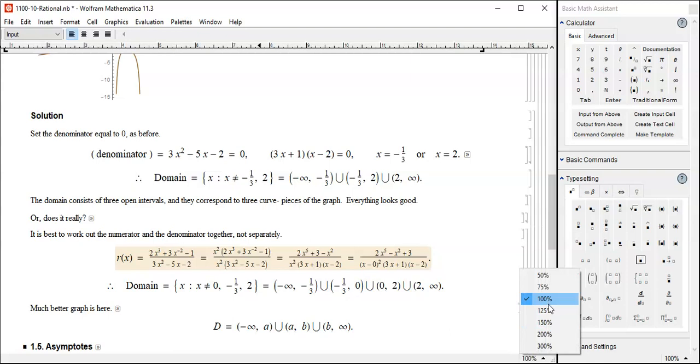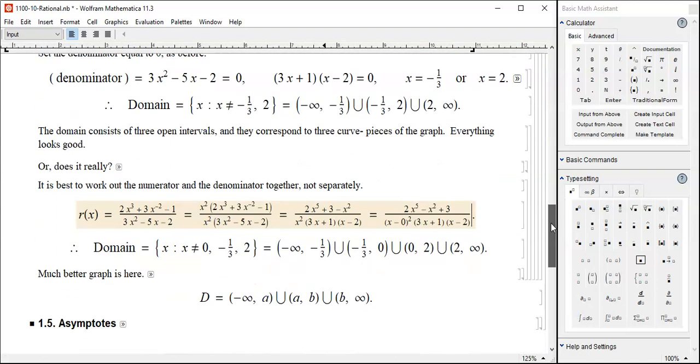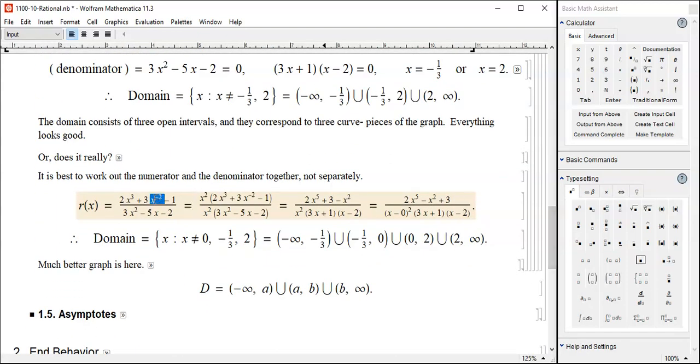Let me expand the font a little bit. So, x to the -2nd power is problematic, so multiply by x squared to both numerator and denominator. And for the numerator, you have to expand those out, and you get this trinomial, which cannot be factored as a matter of fact. And look at the denominator here.